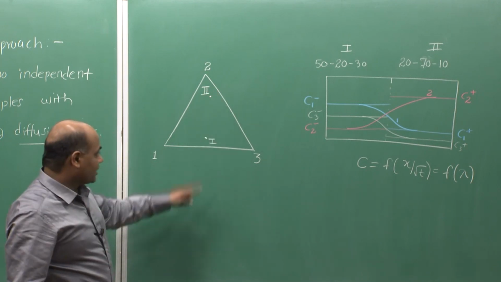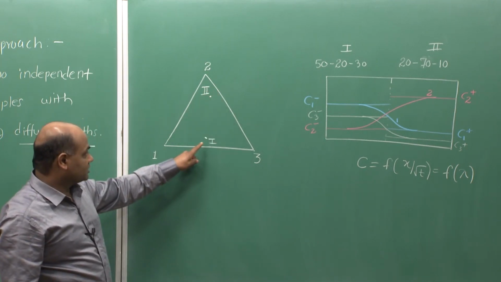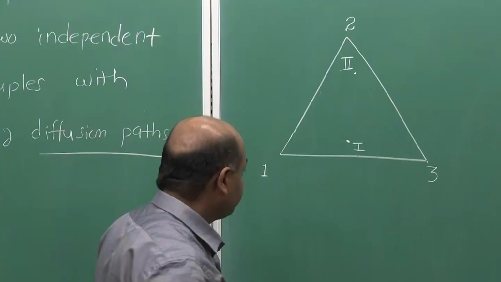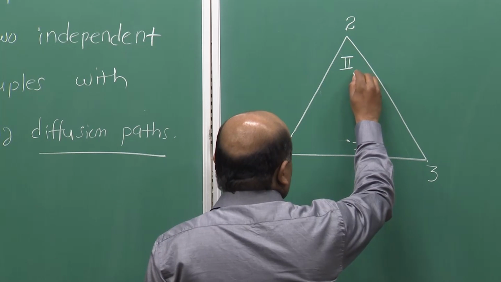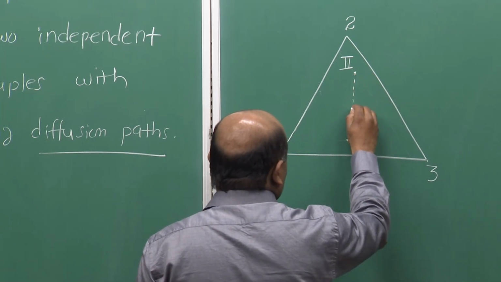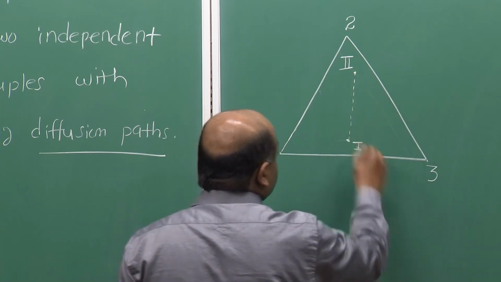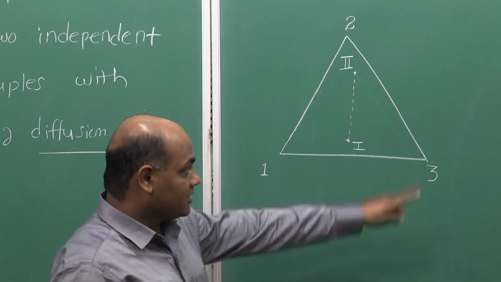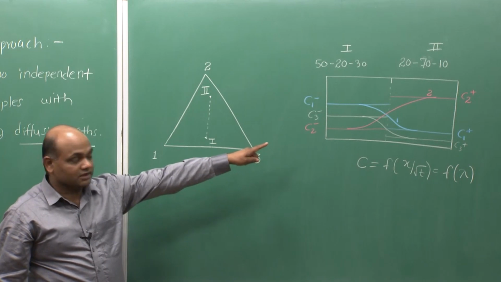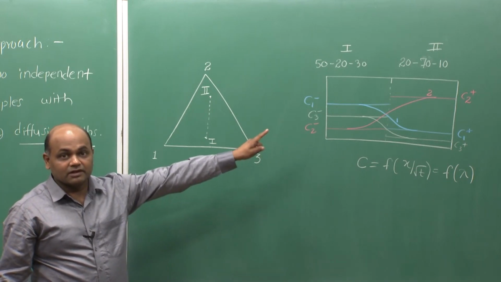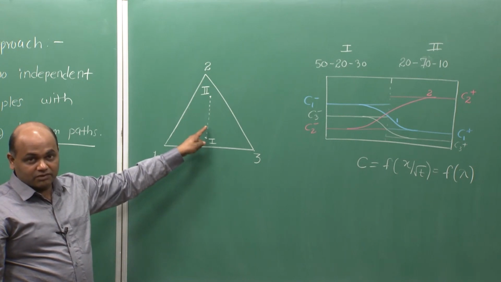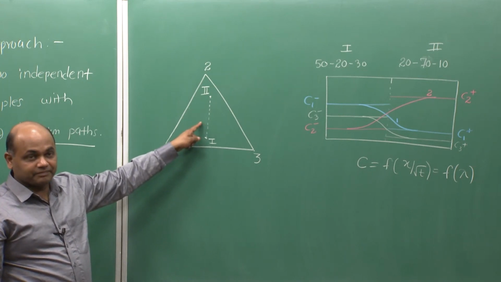So, I first mark the terminal alloy compositions, alloy 1 and alloy 2, on the ternary phase diagram. I am showing the straight line joining the two compositions by this dotted line. Now, if I plot the composition sequence that is developed in the diffusion profile onto this ternary isotherm, what would it be like?